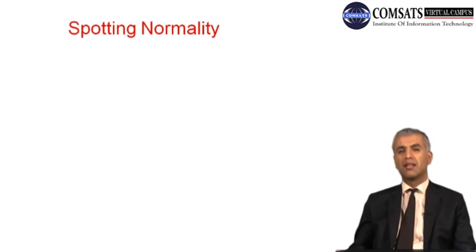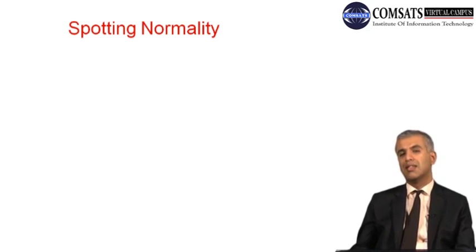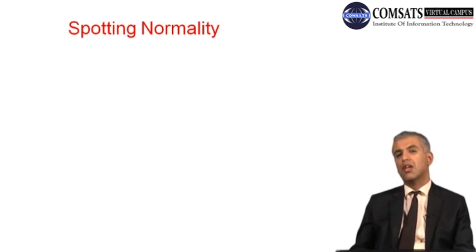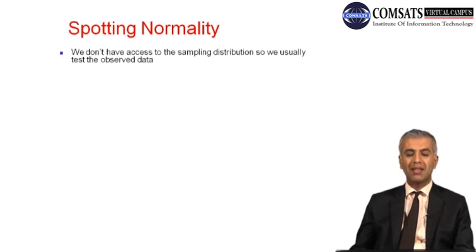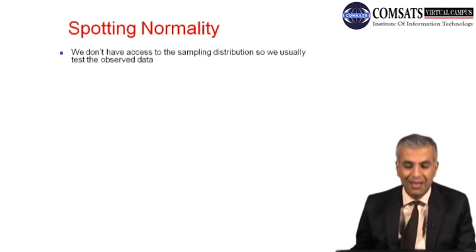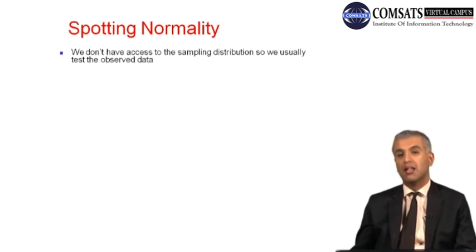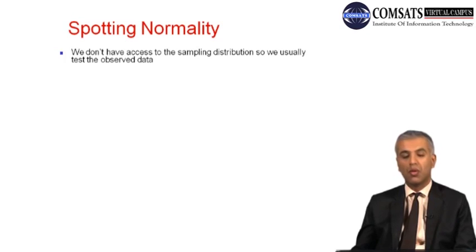Now, these are the concerns of spotting normality. Then how do we detect it? We know very well that we don't have access to the ideal distribution of the sample or even the population, so we are left only with testing the observed data.